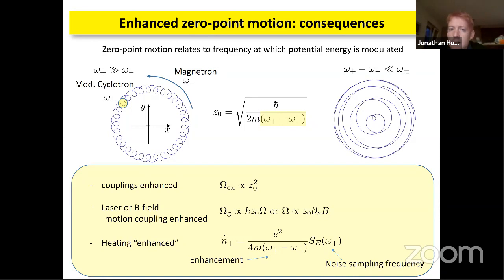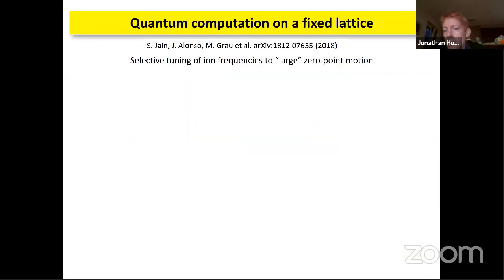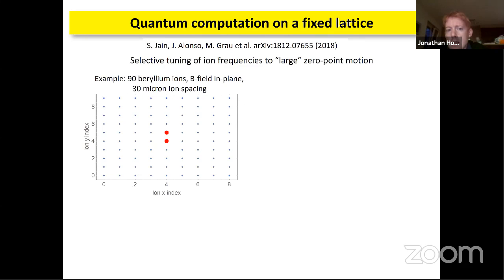So let me just show you how that might happen for quantum computing on a fixed lattice of ions, for calculated parameters that we think are feasible. The idea is that you might have 90, for instance, ions in a square lattice, just a simple example with a 30 micron ion spacing. All of these sites have the same trap frequency.